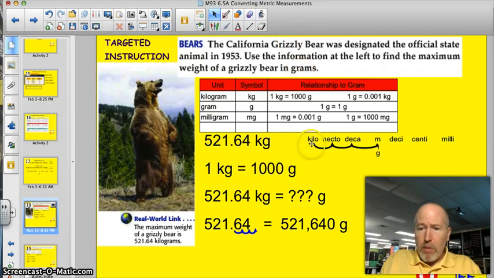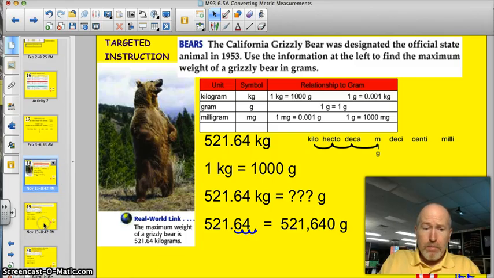In order to get there, I have to make 3 jumps. 1, 2, 3, which means I'm going to move my decimal point 3 spots to the right. 1, 2, 3. You with me? This graphic over here that the science teachers introduced will be very helpful as we work through these problems.